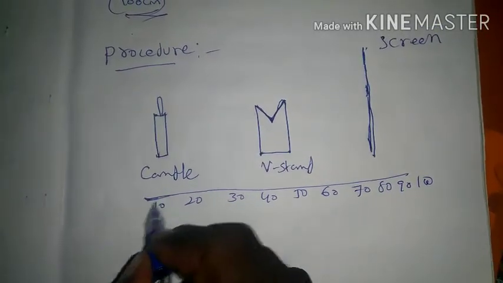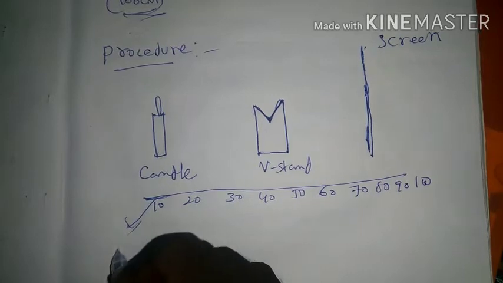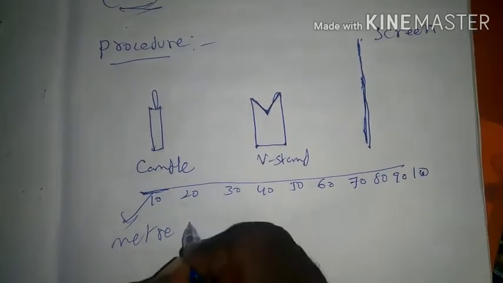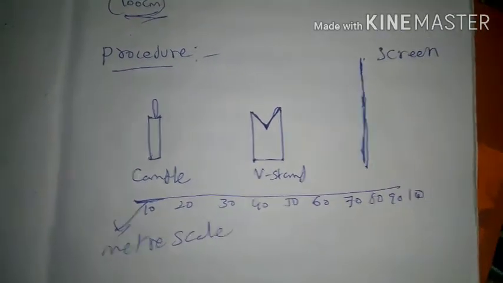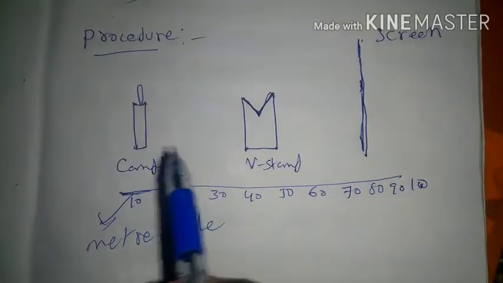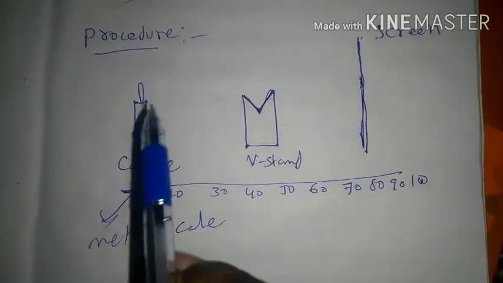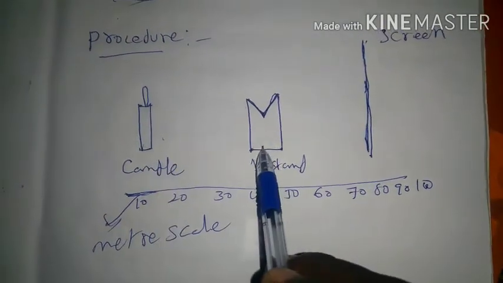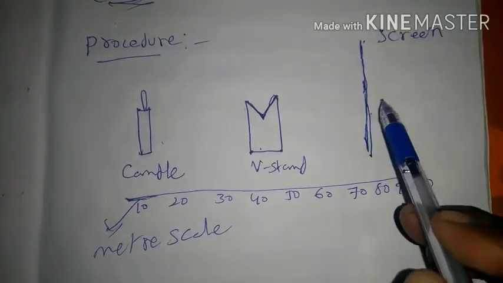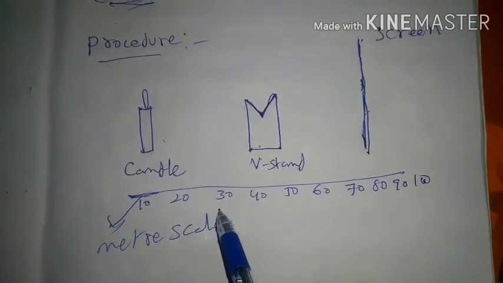This is meter scale. How many materials is there? 5 materials. Candle, V stand, screen, white screen, and meter scale.